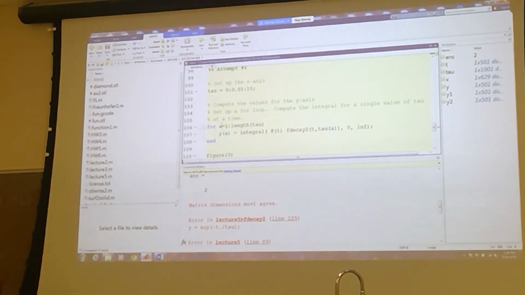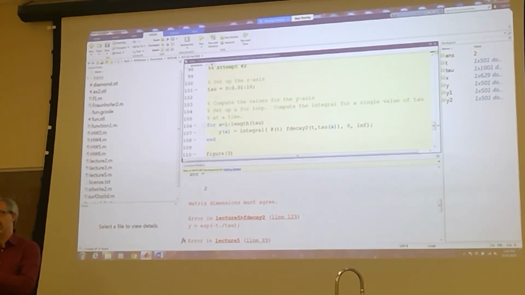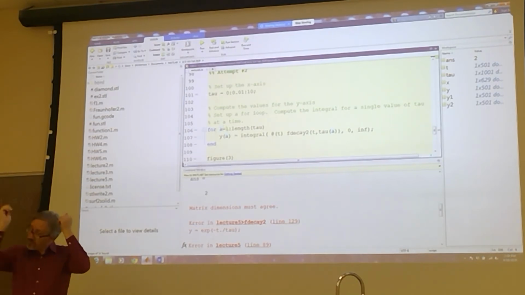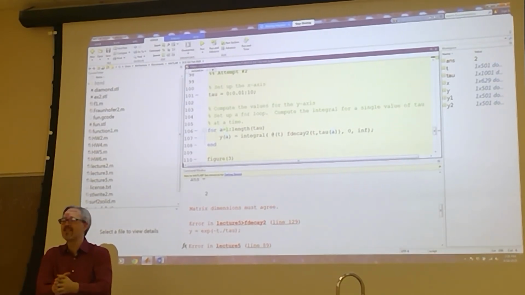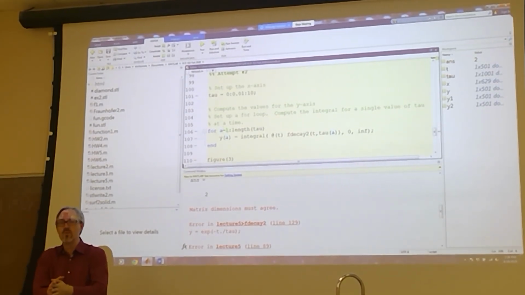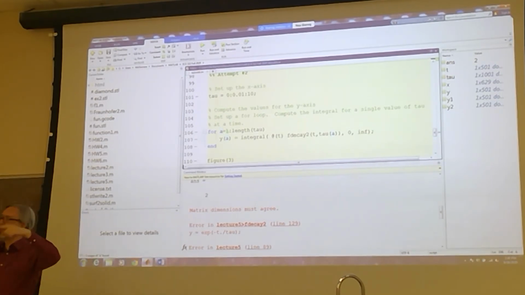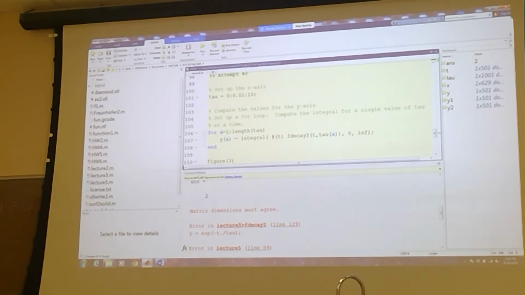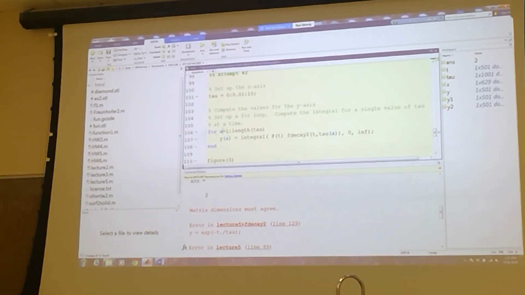And on and on and on, and the 1,000th thing in tau, which would be 9.99, and the 1,001st element in tau, which would be 10. 1,001 times I'll go through this work, right? And A will be 1, 2, 3, 4, 5, up until 1,001, so that I can step through tau. So it's called an index, or step through it.